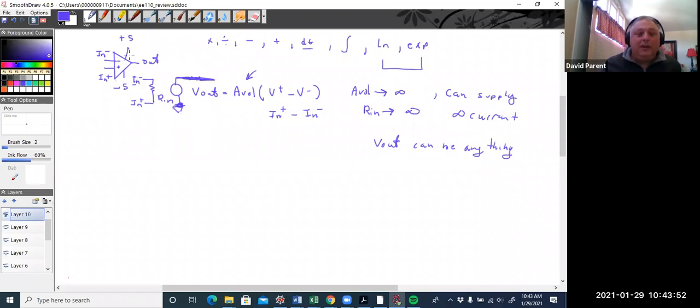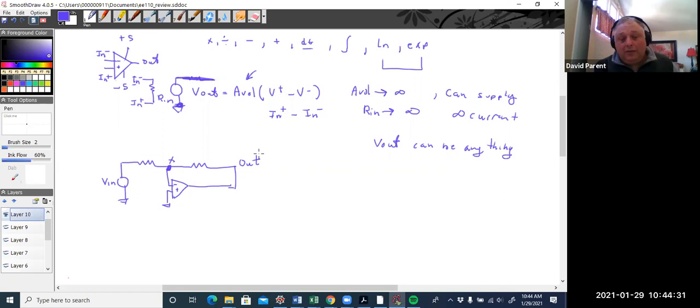All right, but probably the first thing we need to do is go for what you might call the first op amp configuration. Many times this node is given as X and that node is given as out.